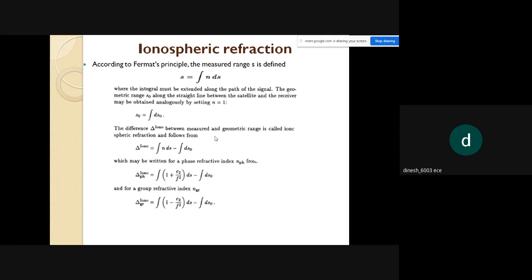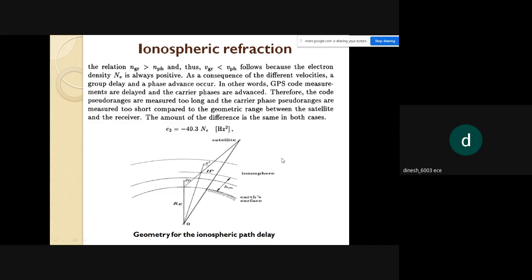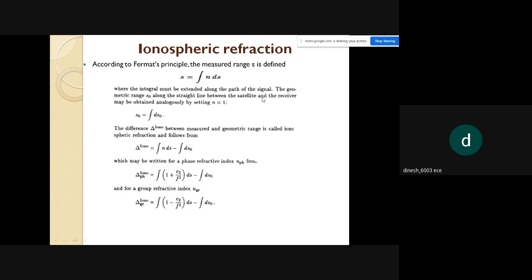Initially we set n equal to 1. The geometric range S0 along the straight line between the satellite and the receiver can be set initially with n as 1. So here this is a straight line initially between the satellite and the receiver. It could be taken as 1. So when we take that, this will become S0 at the initial stage, integral ds.